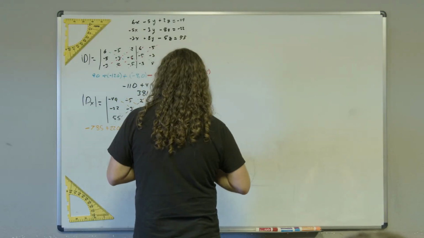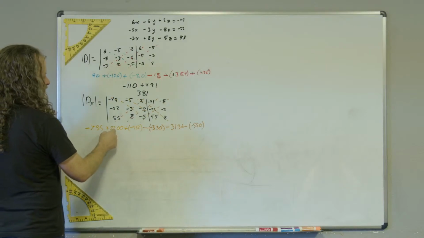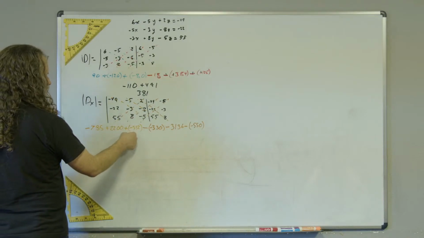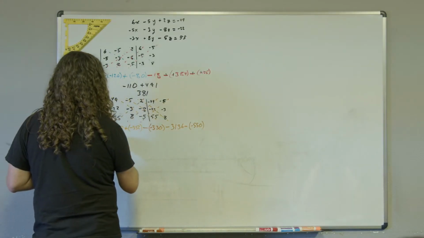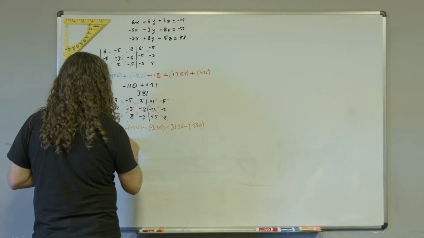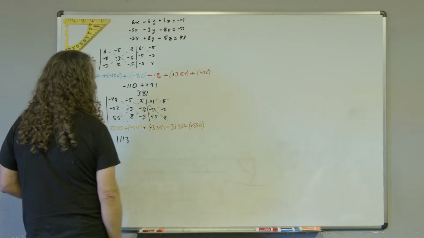Great. So then what's negative 735 plus 2,200 plus negative 352? 1,113. Chink, chink, chink.